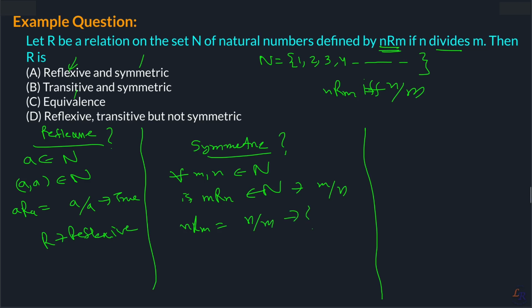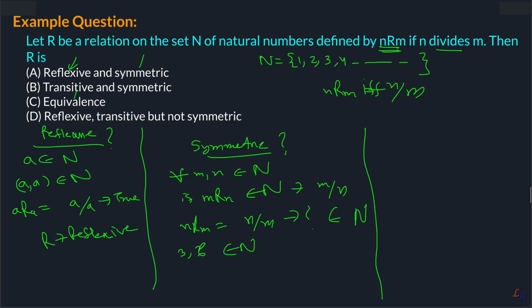So if you show any one condition where it is not satisfied, then it would not be symmetric. So let's say any numbers, let's say 3, 6, which are again elements of natural numbers.